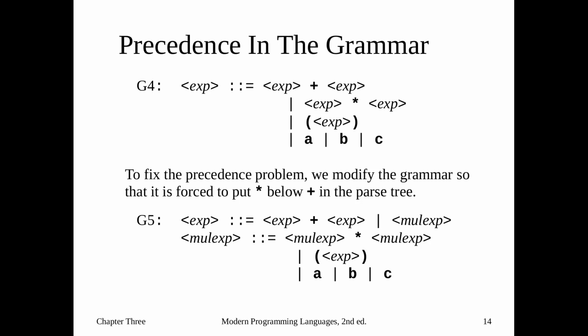And that can be achieved by grammar G5. What we did here is we took the multiplication expression, all the things that follow addition in the original grammar, and we created a new rule that takes all that part and puts it into that rule. And so this gives us the capability to have these precedence levels.